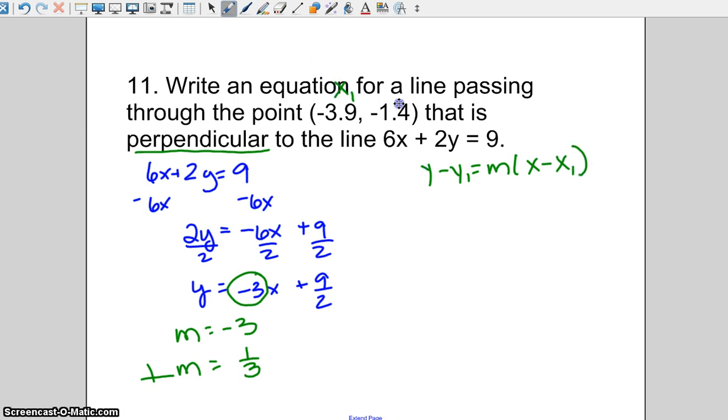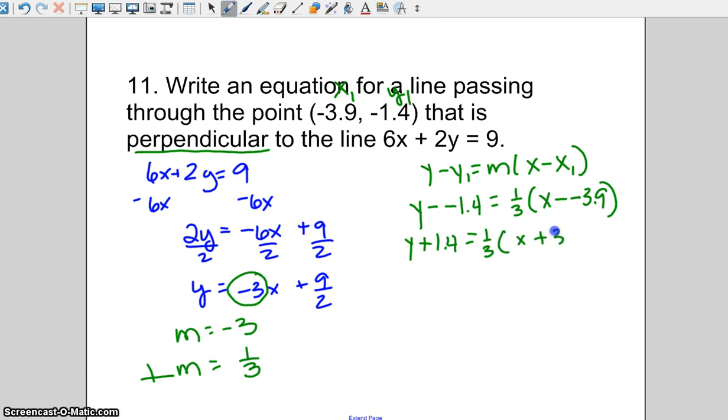Negative 3.9 is x1, negative 1.4 is y1. So substitute, so it'll be y minus negative 1.4 equals 1/3 times x minus negative 3.9. Y plus 1.4 equals 1/3 times x plus 3.9.